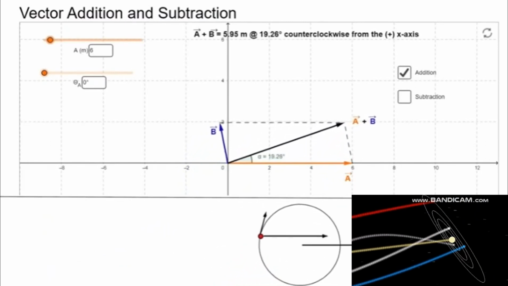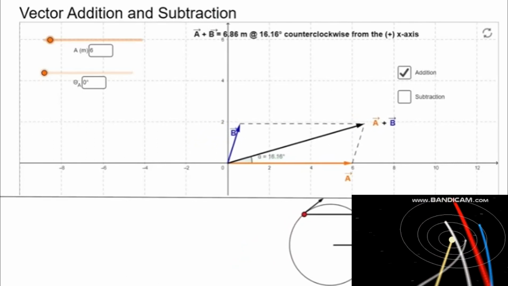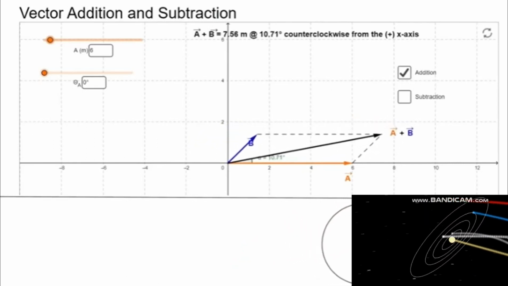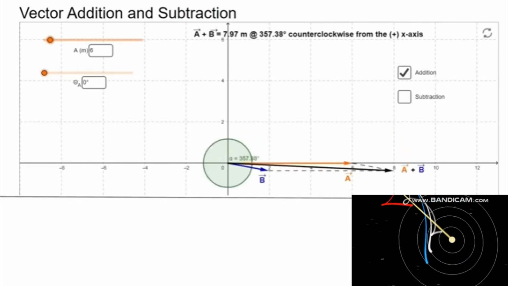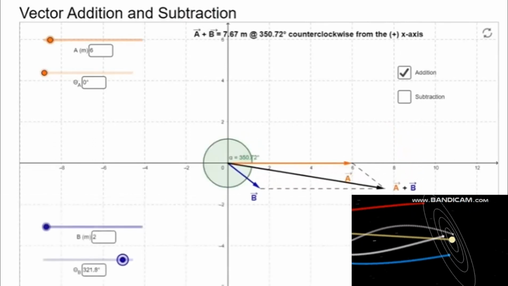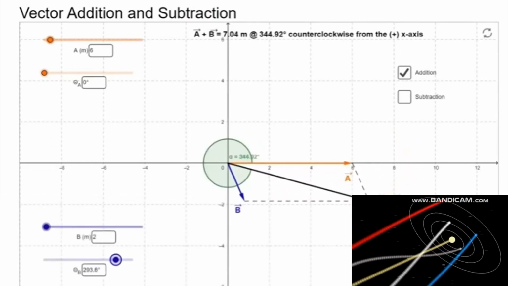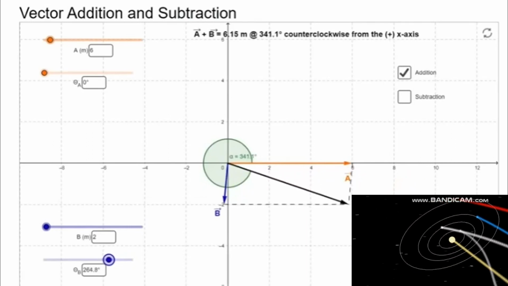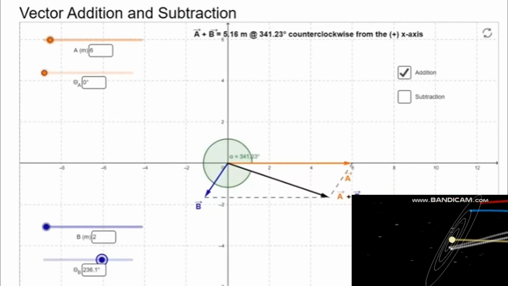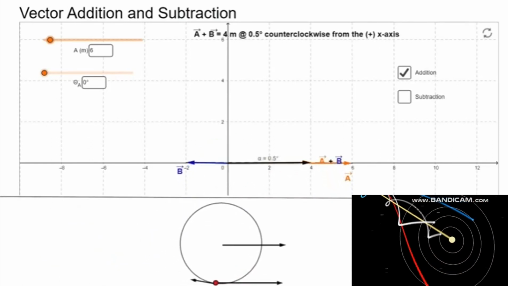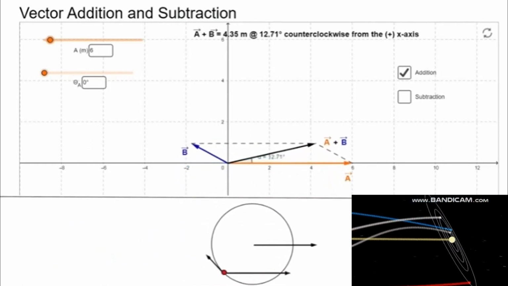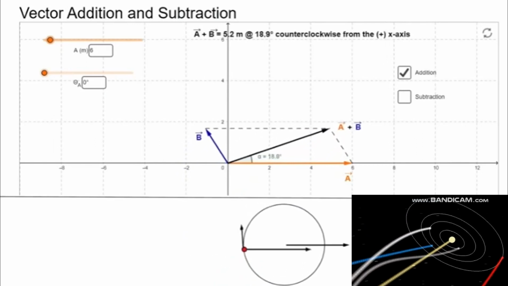Each velocity alone is a constant velocity. When they are both acting on our mass at the same time, the mass's velocity changes. This change is constant. We see an ever-changing rate of acceleration of the mass, going from 8 miles per hour to 4 miles per hour, back to 8, constantly.